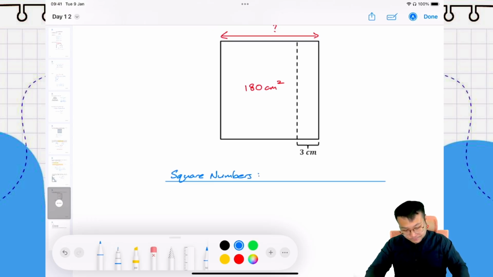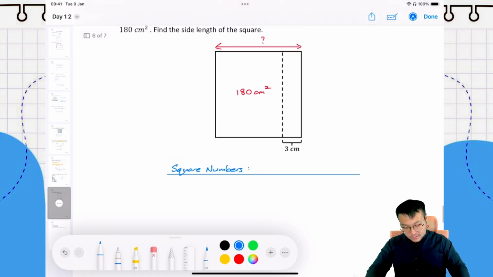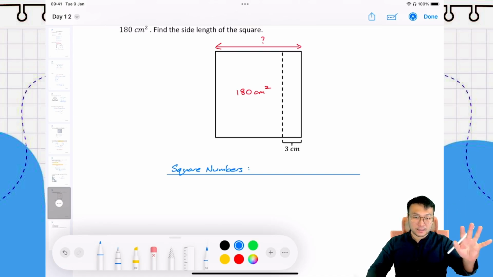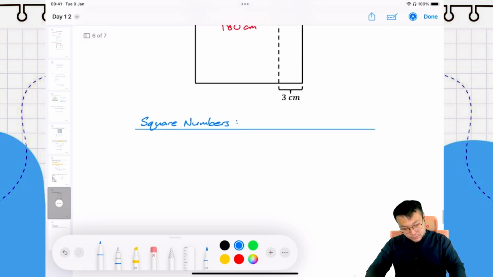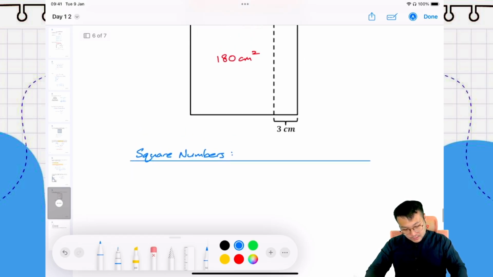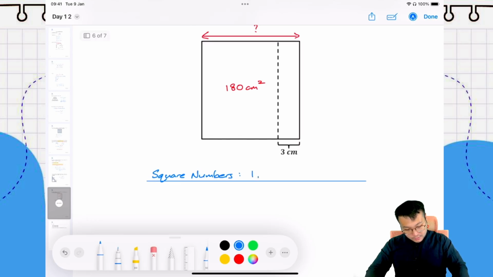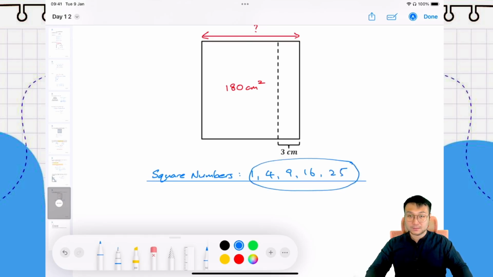Jensen, do you agree that the area of any square is always going to be a square number? Yes, the area of any square is a square number. Do you think that the area of this entire square could be 1, 4, 9, 16, 25? Could the area be any of these numbers?